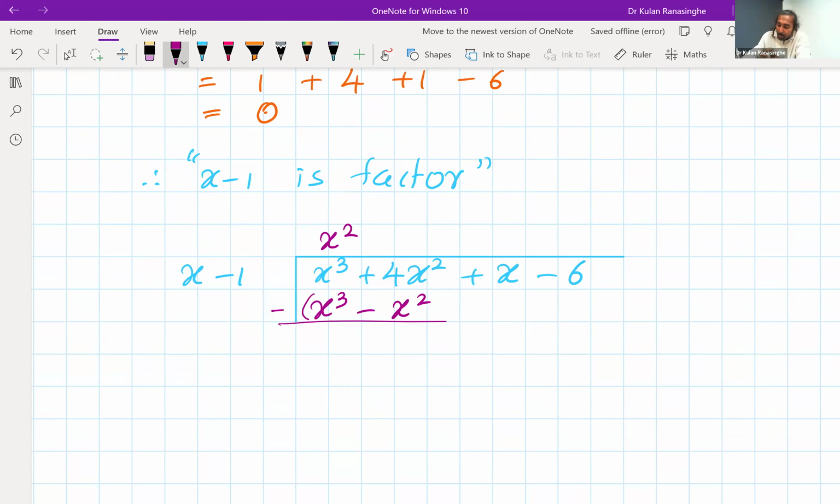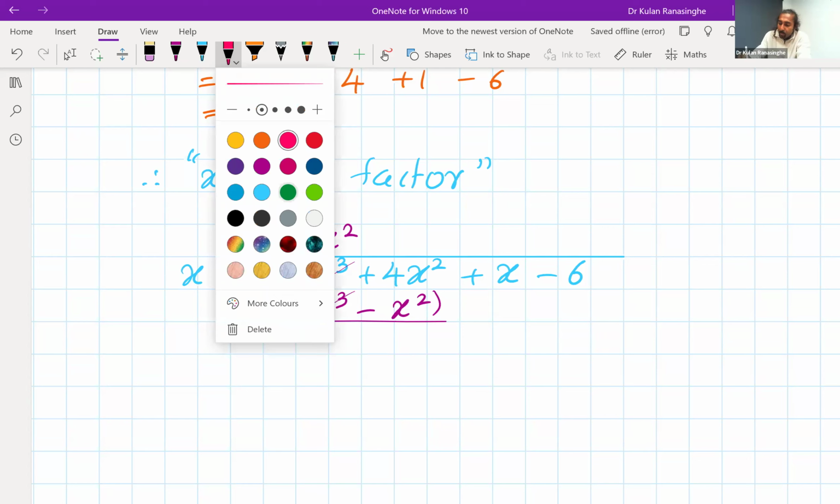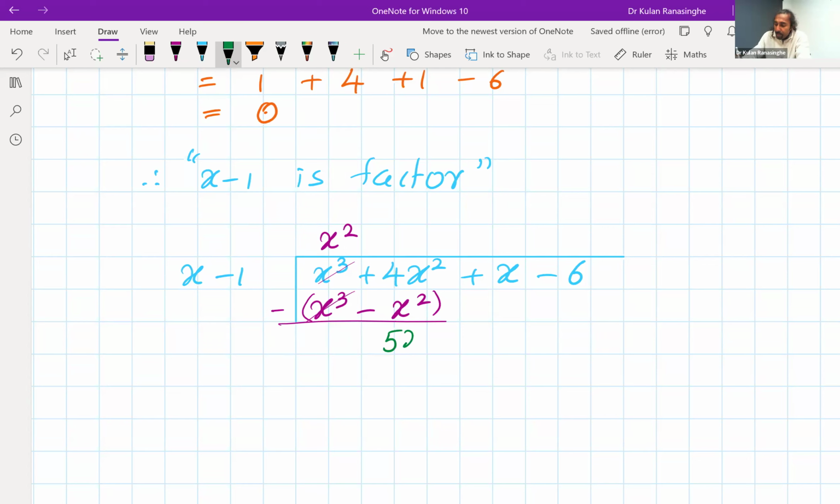You take away, these two get cancelled. Negative, negative becomes positive. So that gives me 5x squared. I'm going to pull down the x and the negative 6. How many x's in 5x squared? It's a plus 5x.